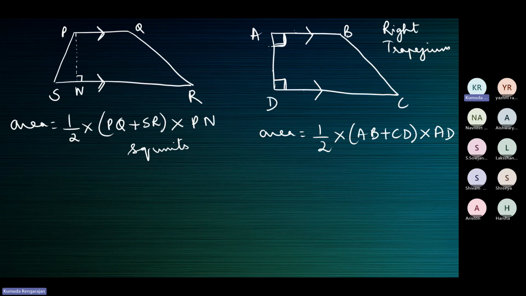The side AD itself is the perpendicular distance between the parallel sides. Half into sum of the parallel sides, AB plus DC, into the distance between them is AD, because that itself is the perpendicular distance. Square units, right?